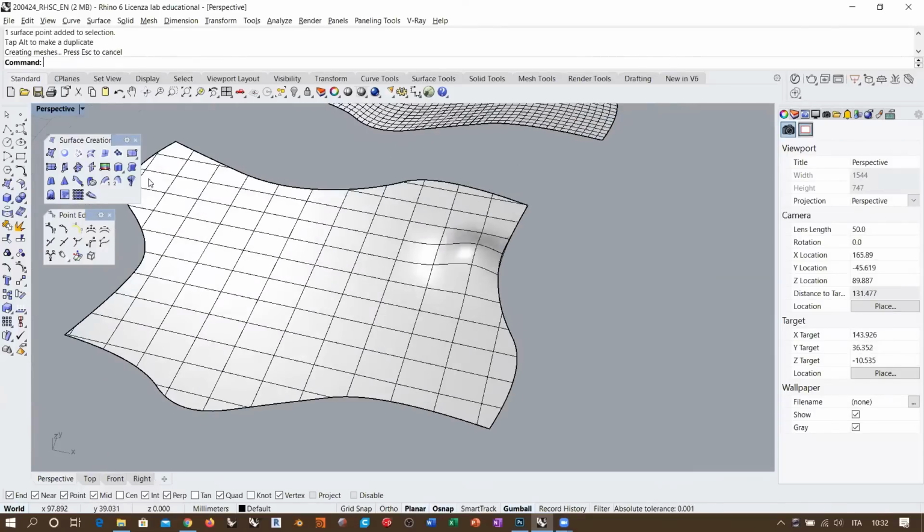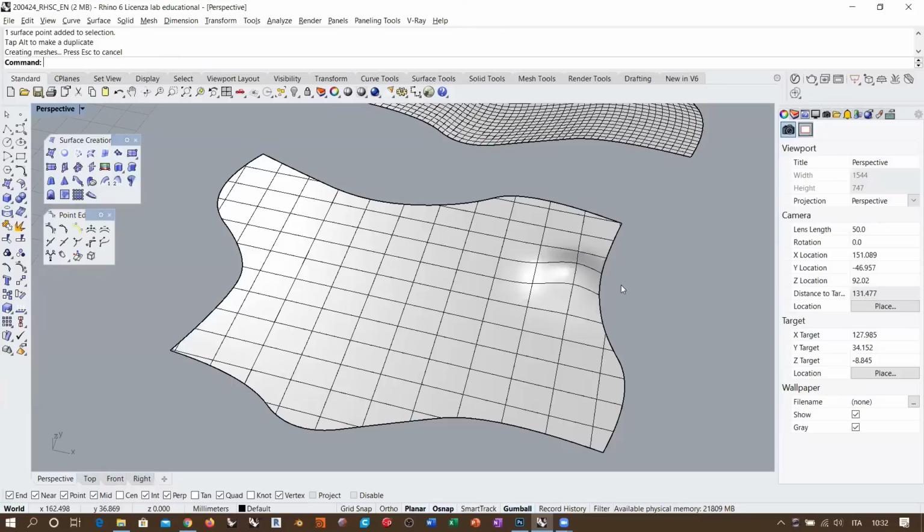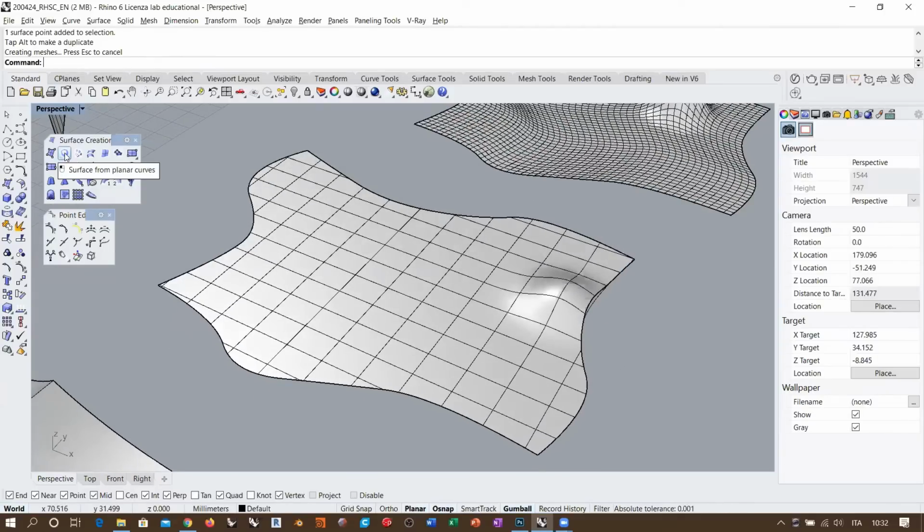So I would never use a surface from planar curve, because I need the topology of the resulting surface to be, as I normally say, in touch with its edges. The surface from planar curve is not in touch with its edges. It uses them to trim the unnecessary part, but it's not in touch.